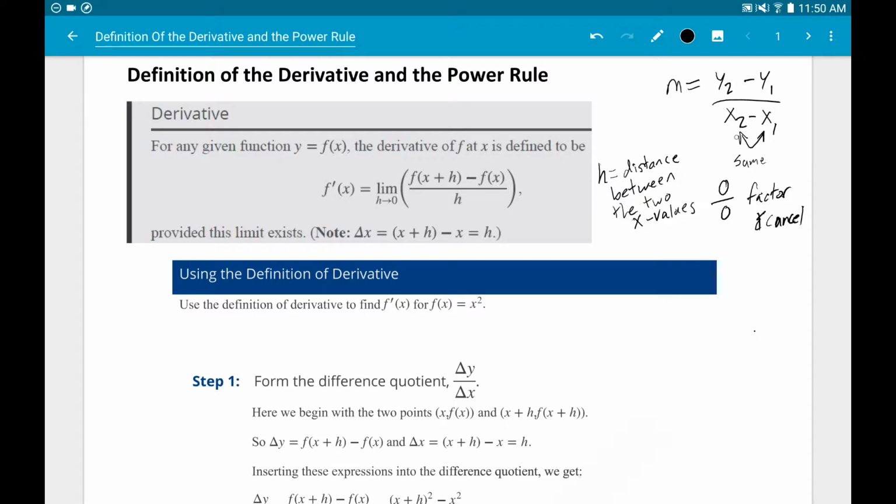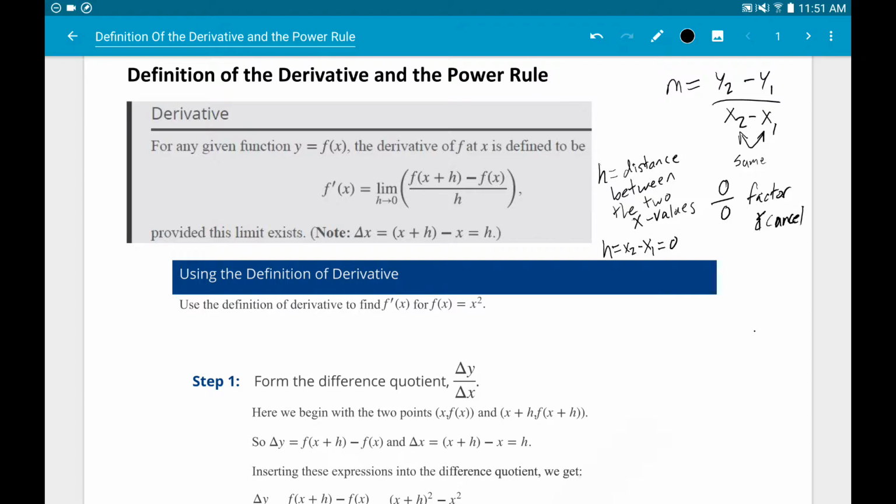Just like I said over here, I want x sub 1 and x sub 2 to be the same. If they're the same, there is no distance between them. So literally what they're saying is they want h equal x sub 2 minus x sub 1 to be 0. So h represents 0 here.